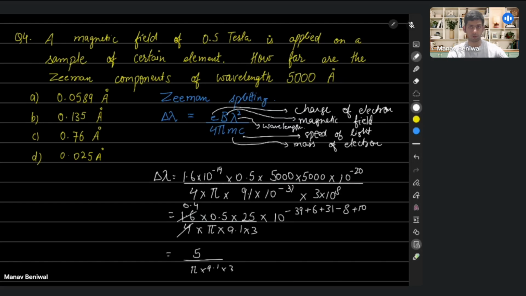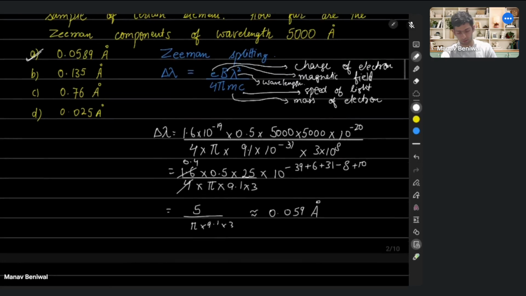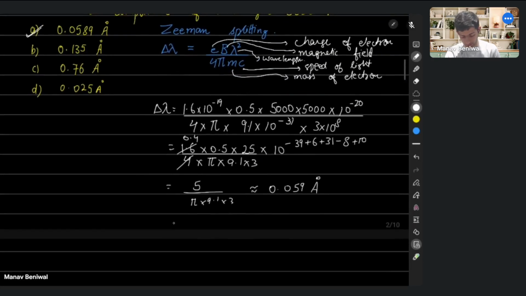It is coming out to be roughly 0.059 angstroms, which matches option A. If we write it in terms of picometers, delta lambda is 5.9 picometers.